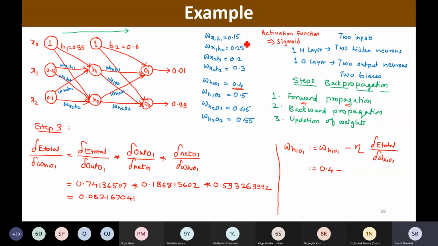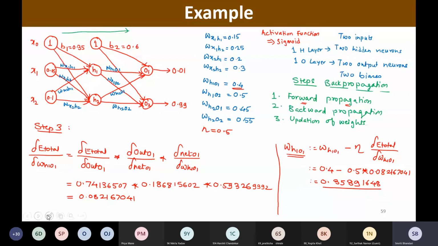Eta is the learning rate, so let us assume an eta value. And this term we have computed, that is 0.082167041. After computing, the new weight comes out to be 0.35891648. So this is the new weight.